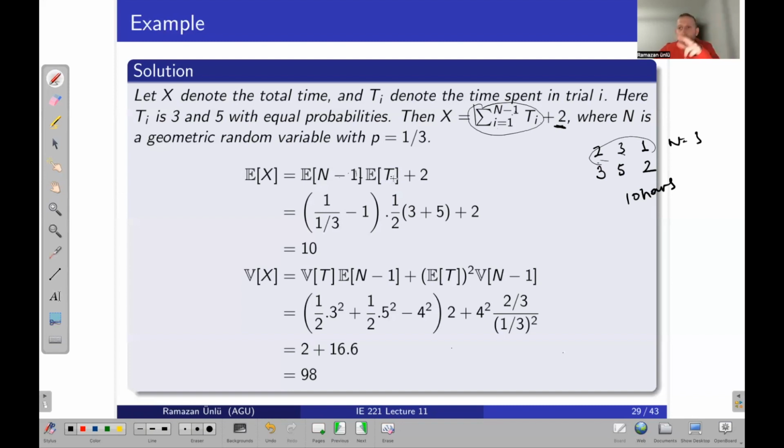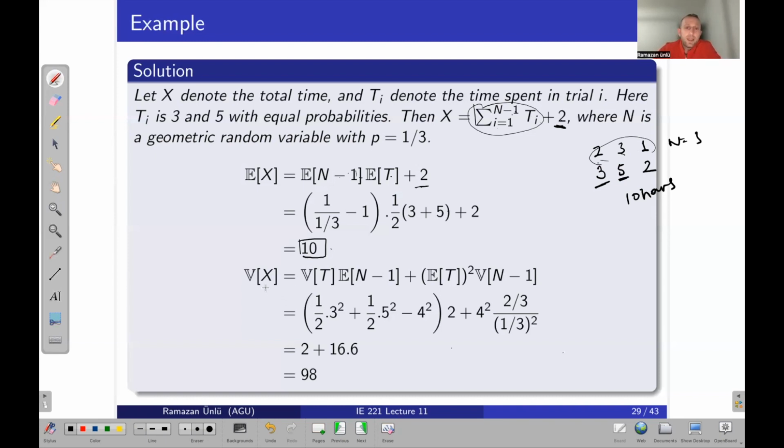T can take the value 3 or 5, because these are the failures, representing only doors 2 and 3, and it can be 3 hours or 5 hours with equal probability. That's why I can calculate the expected value of t as 1/2 times (3 plus 5). And I have the 2 here. So the expected value of x is 10 after doing some arithmetic. That's the same as what we calculated in the previous parts.